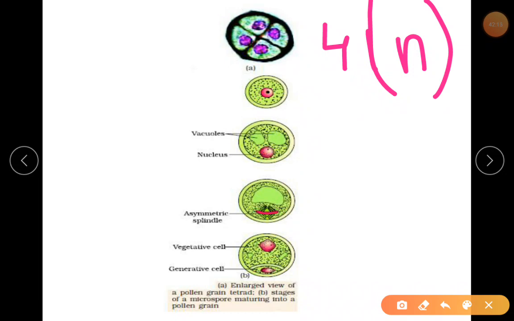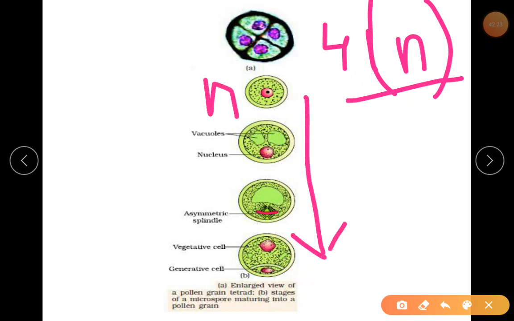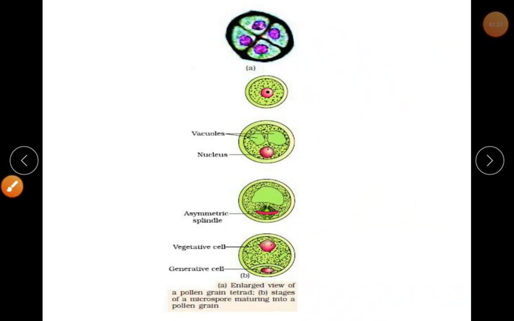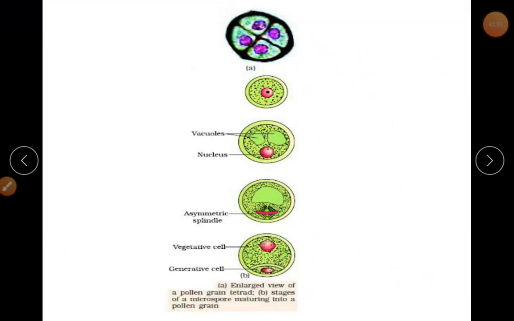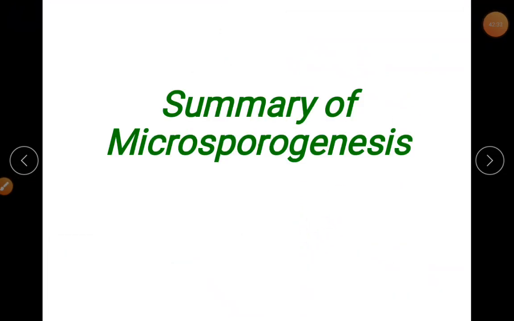Your microspore is all haploid. 4 haploid microspores. Each haploid microspore develops into a pollen grain.